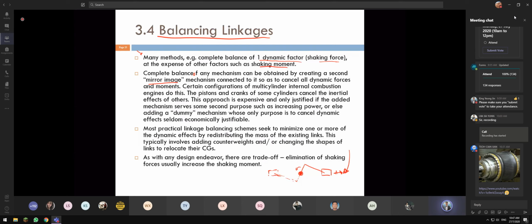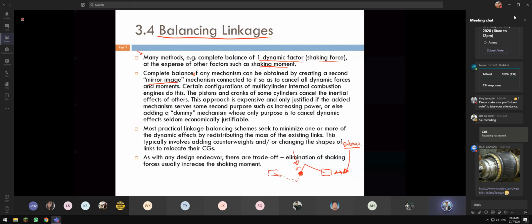This is one of the reasons why Subaru is using the opposed engine. And Porsche is also doing this. In the market, these are the two main car manufacturers who still stick with this concept.